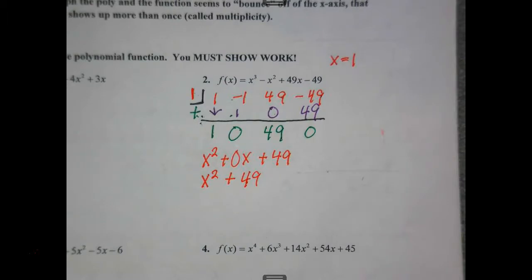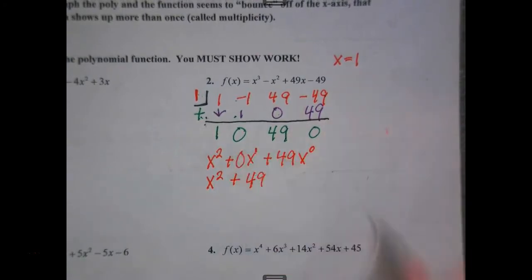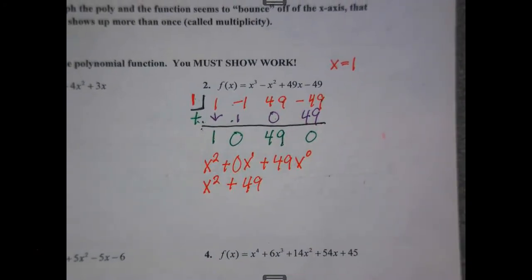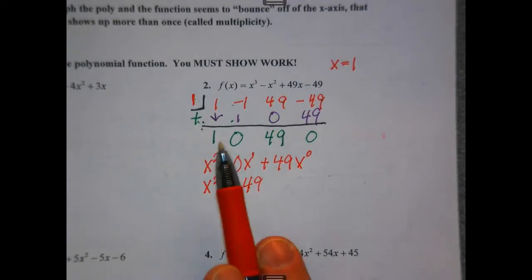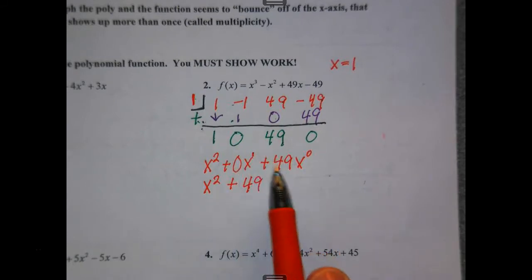The 1, 0, 49: I got my 0 there, and there's my 49, and that last one is x to the 0.